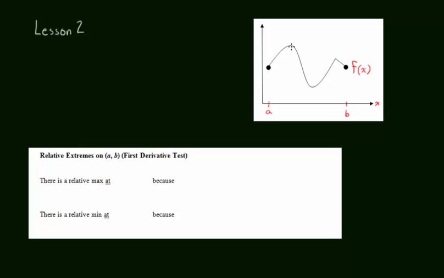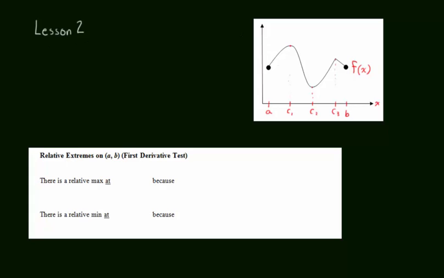Then you've got some other critical x values inside here. I'm going to drop down from that peak and call this C1. I'll drop down from this peak and call that C2, and finally I'll drop down from this peak and call that C3.